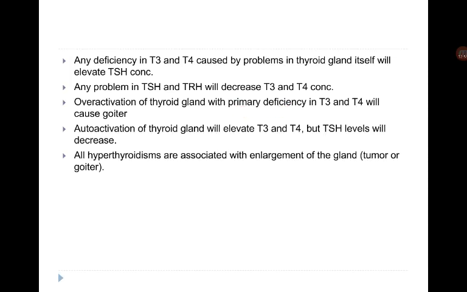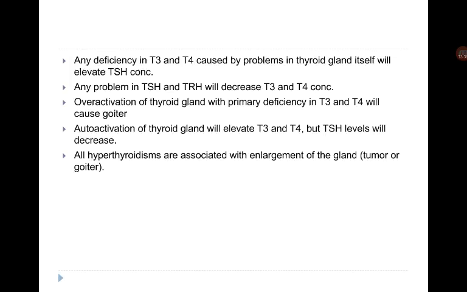Primary hypothyroidism means deficiency in thyroid hormone resulting from the thyroid gland itself. In primary hypothyroidism, we have overactivation of the gland, but there is no response. So this will increase the number and size of the cells, as we said in the regulation, but there is no secretion. So it will cause eventually goiter, but it's associated with hypothyroidism.